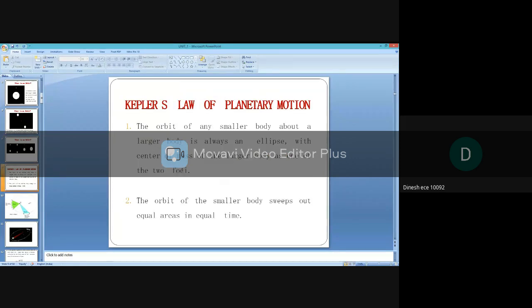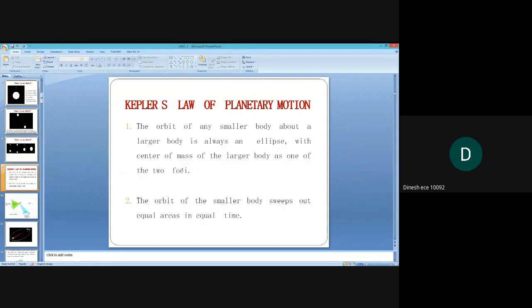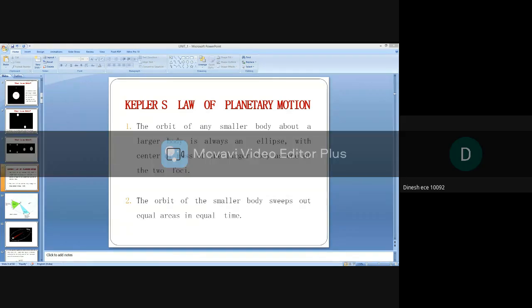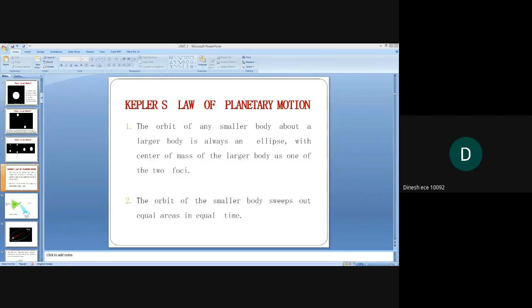Kepler's law. The first Kepler's law, which is used for planetary motion, is that the orbit of any smaller body about a larger body is always an ellipse.